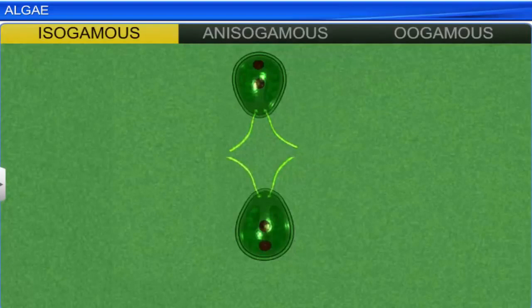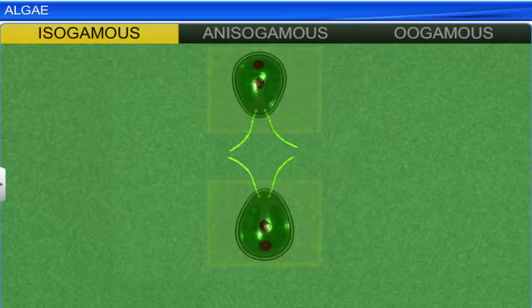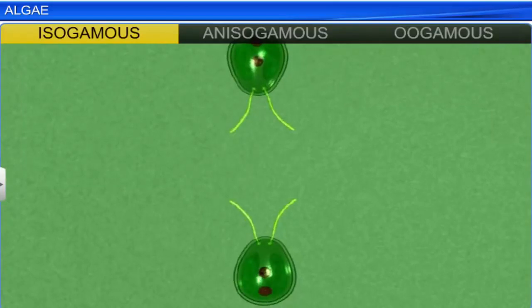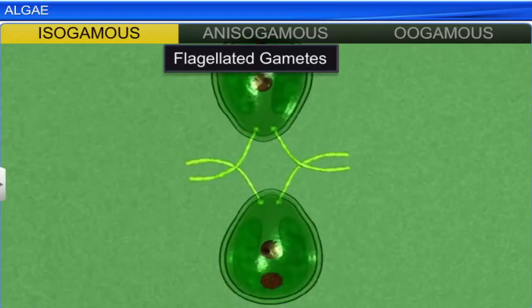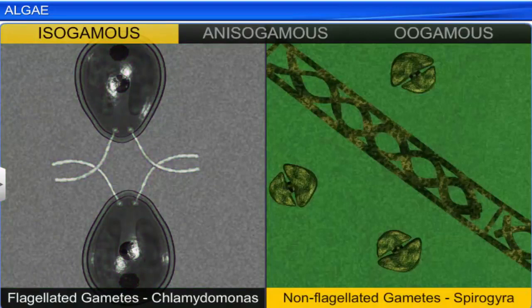When the fusion is between two gametes of similar size, the reproduction is called isogamous. The gametes in this case can be flagellated, as in Chlamydomonas, or non-flagellated, as in Spirogyra.